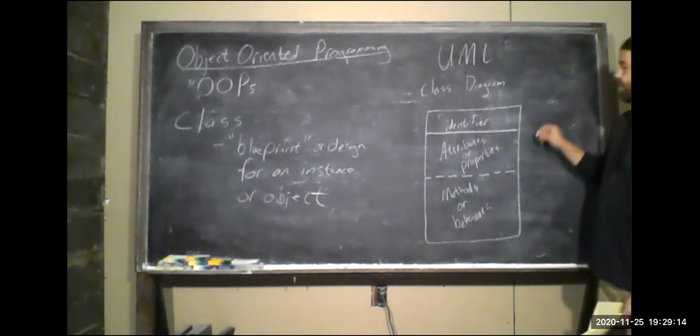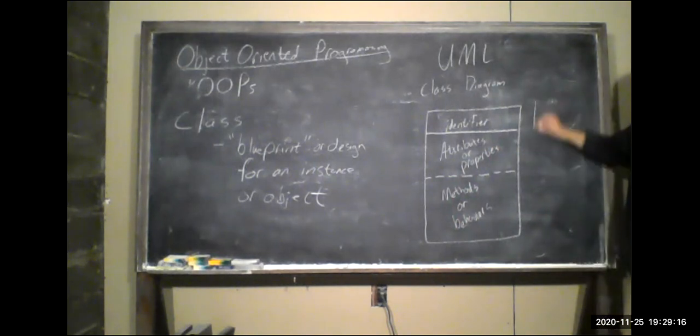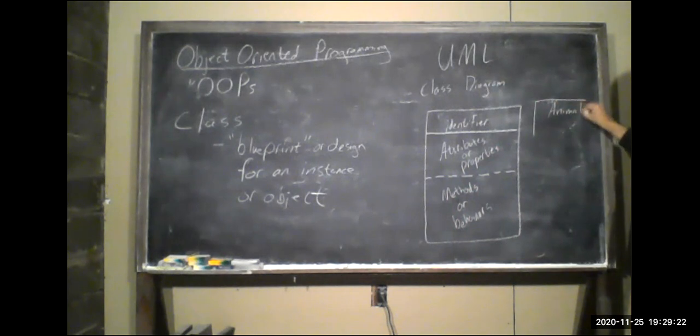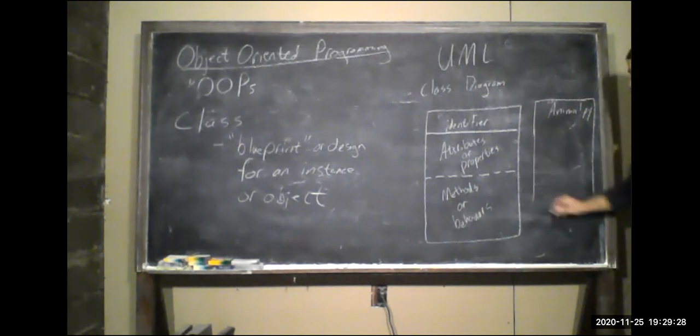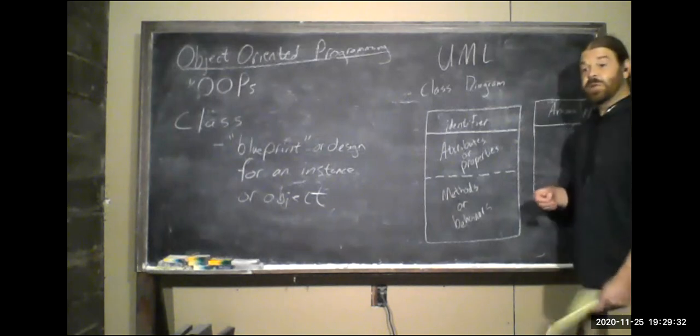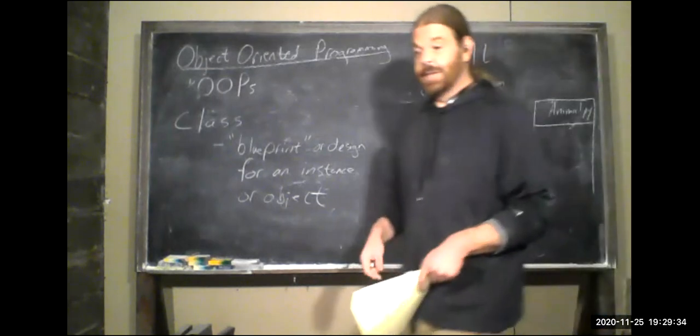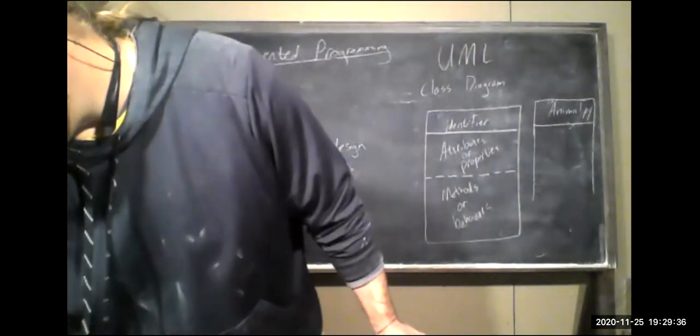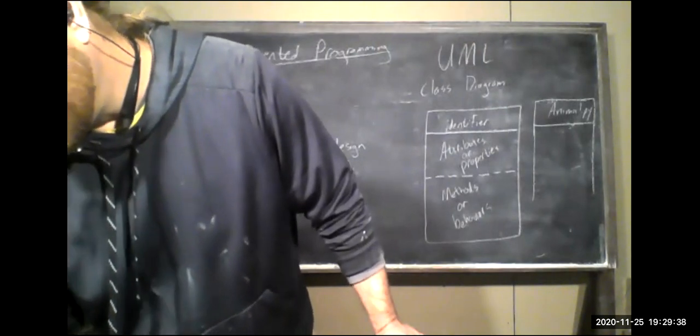Well, we're getting ready to do a dog object. Or an animal object. So the identifier is going to be the name of the object. So it's going to be animal.py. Again, it's going to be a Python file. Then a solid line to separate that from the properties we put in it, which is the example I just pulled up on my tablet here. So we're getting ready to follow this.